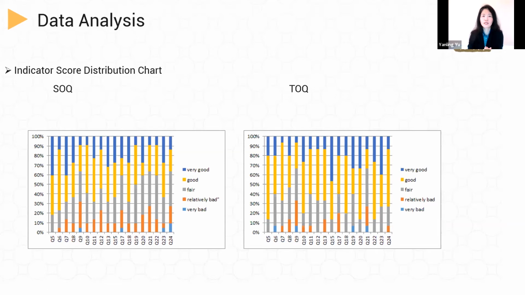In the distribution chart, the navy blue is very good, the orange is good, and the light blue is very bad, or extremely unsatisfactory. The right one is also the same. So what's your impression at first glance?